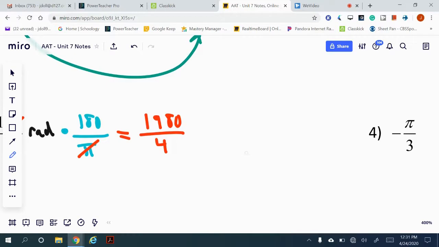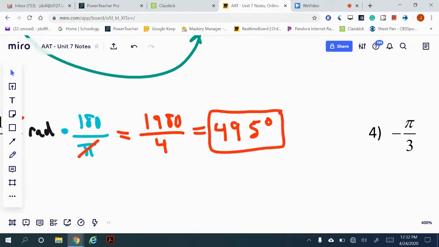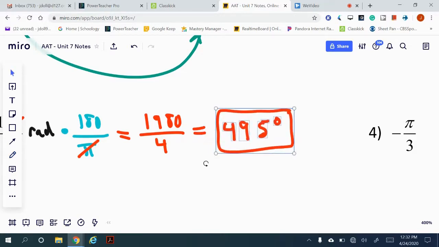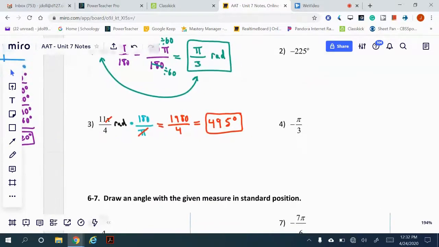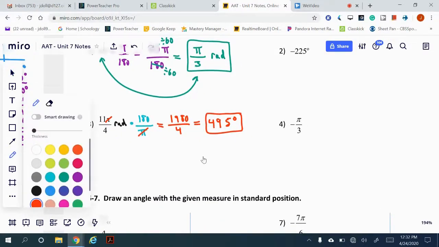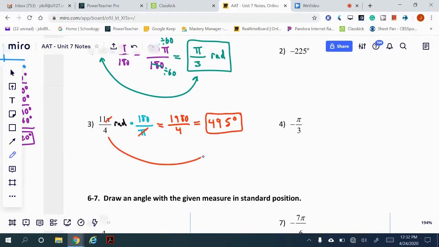I'm trying to use my head. So hopefully that gave you time to get your calculator and double check my work, but 495 degrees. So again, what we see here is that 11 pi over 4 radians is the equivalent of 495 degrees.